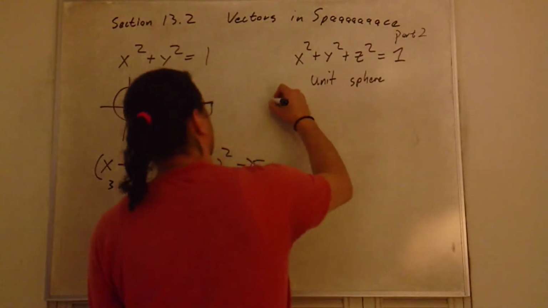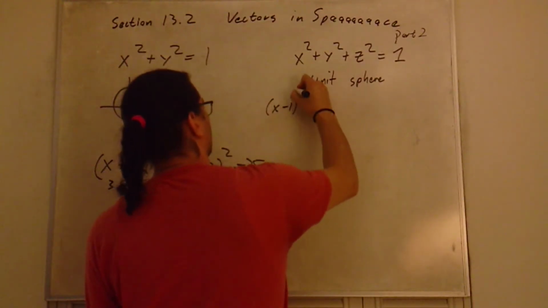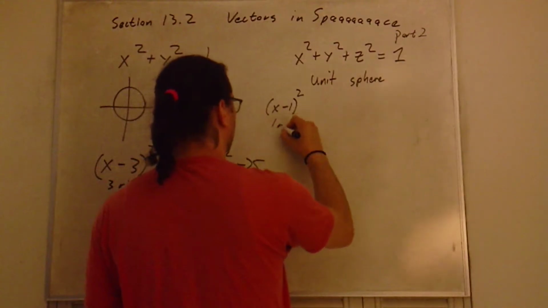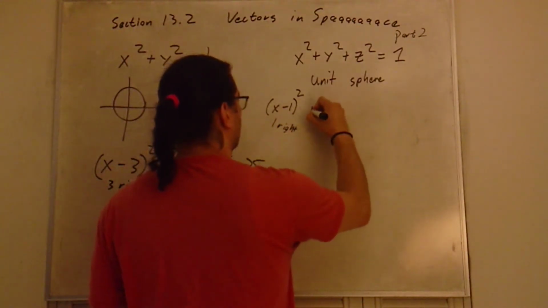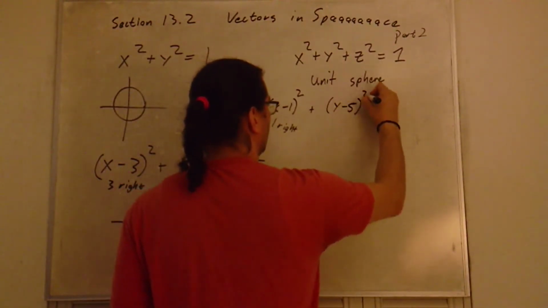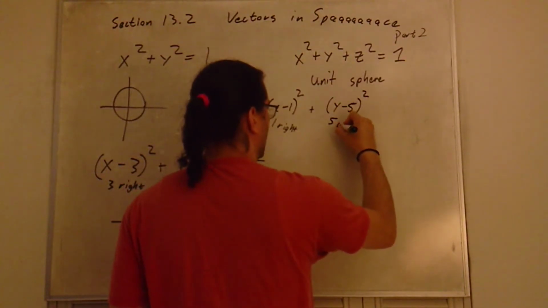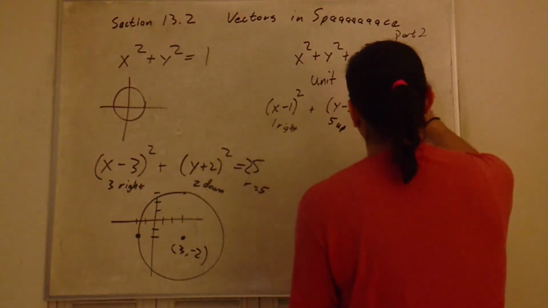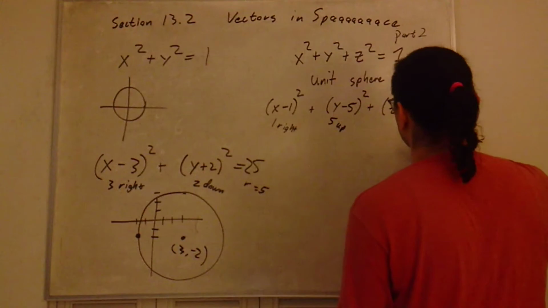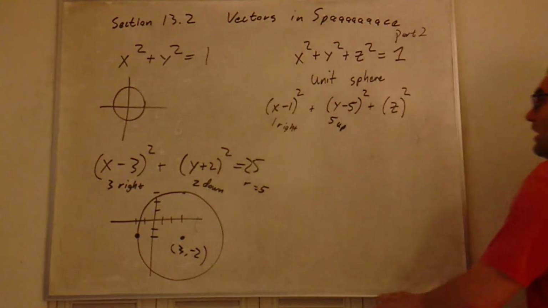So you could do something like x minus 1. This will move it 1 unit to the right. Plus y minus 5. This will move it 5 units up. Let's not mess with z.